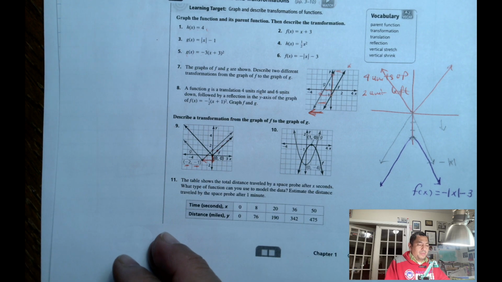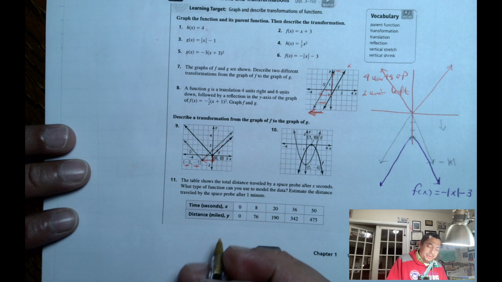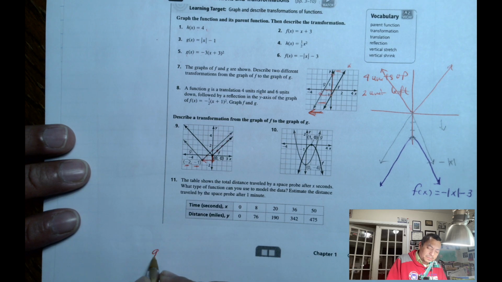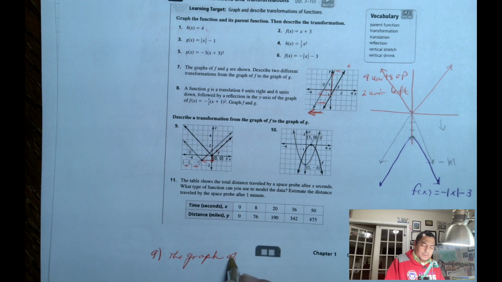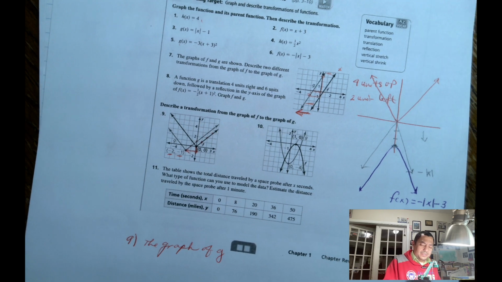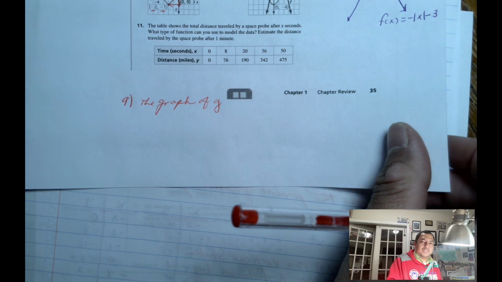So now what I'm going to do here is describe number 9. What is number 9? The graph of g in this case. I'm going to move this one up so we can see it.